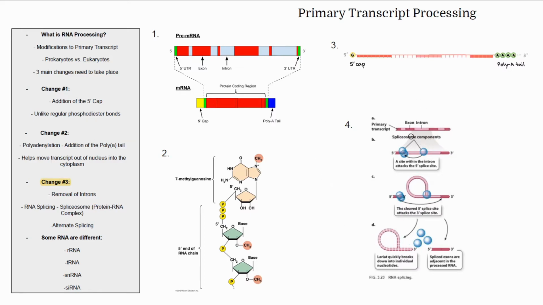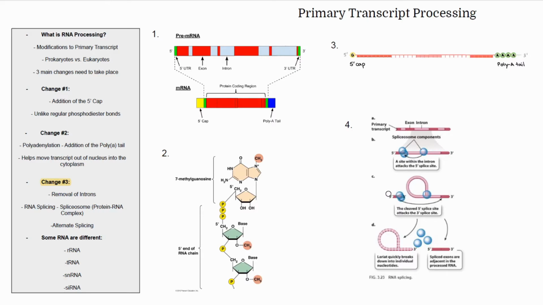Now the spliceosome binds to the intron and causes a site within the intron to attack the 5' splice site. This forms what we call a lariat. The lariat is just a looped intron. This also causes a free 5' exon.